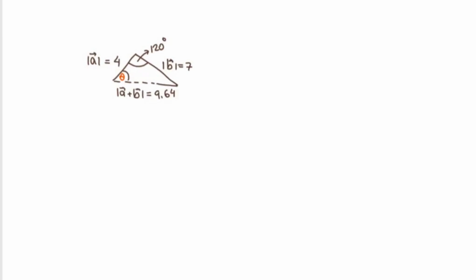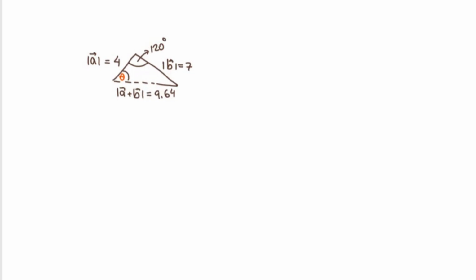So the magnitude of A is 4, the magnitude of B is 7, the magnitude of A plus B is 9.64, and we have an angle of 120 degrees at the top. We can determine angle theta by using sine law. Theta is the angle at which the A plus B vector goes in relation to vector A.